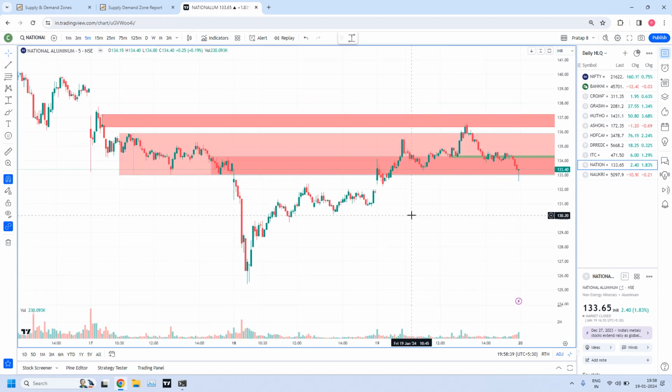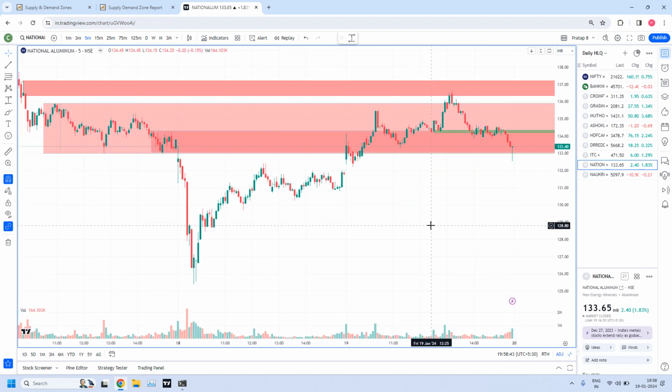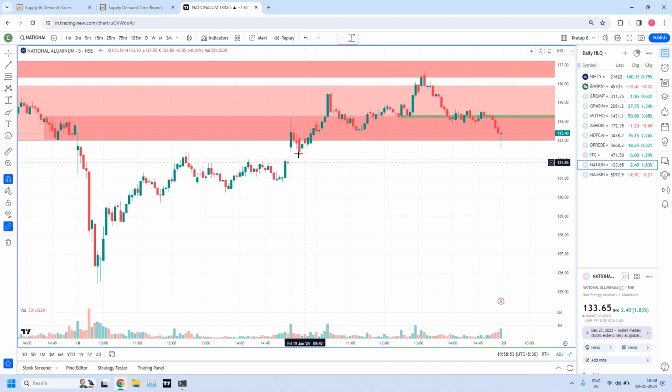Here the important learning is, even though we know this zone will be violated, the violation did not happen in an aggressive way. Just like what happened to ITC or Dr. Reddy, the violation happened with a great struggle.